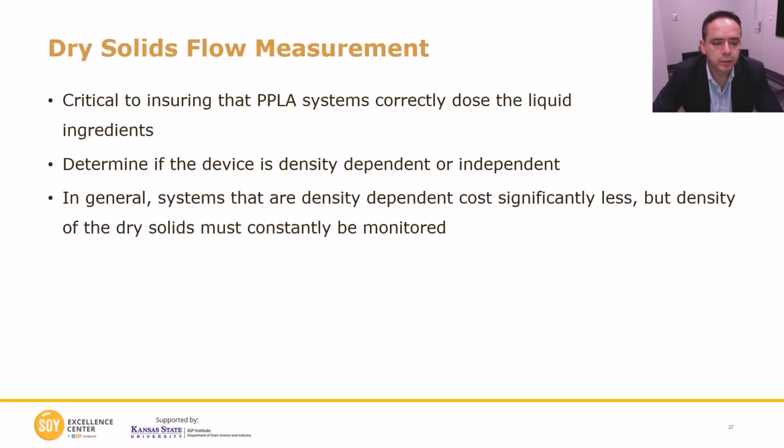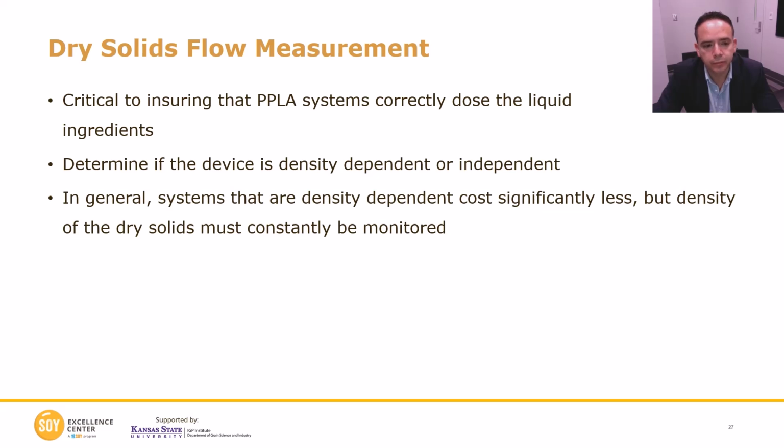The dry solids flow measurement is critical to ensuring that the PPLA system correctly doses the liquid ingredients, because if we are not weighing the dry pellets correctly, then we are not going to be able to apply the correct amount of liquids. And we need to determine if the device is density dependent or independent.